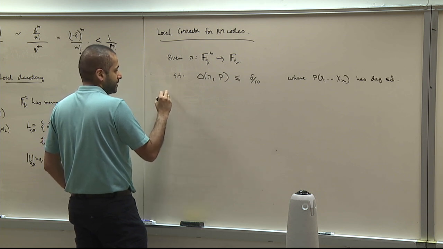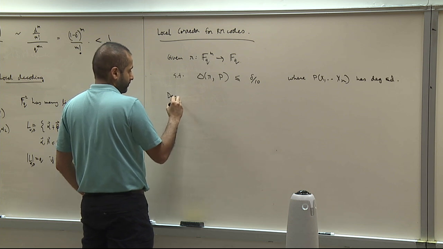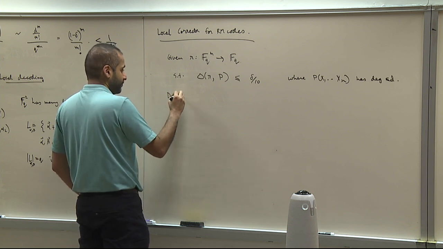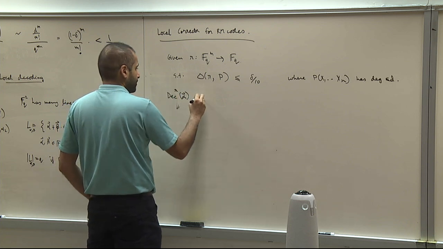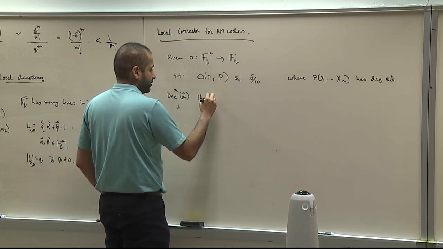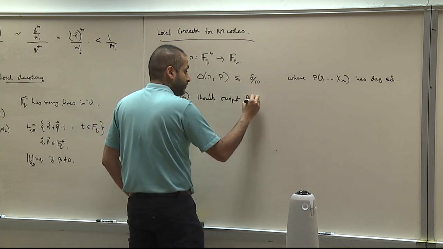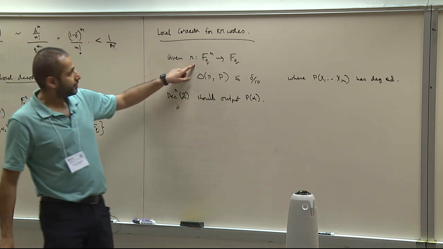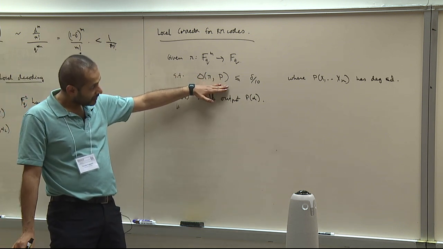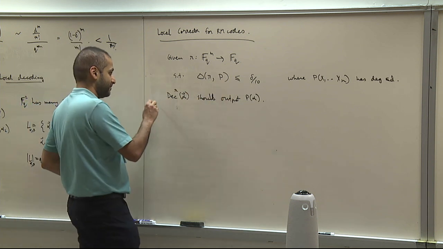Now our decoder is given alpha, and oracle access to R, and should output P of alpha. That's the problem definition. We know R is close to some P, and we want to find P of alpha, not R of alpha. R of alpha is easy.